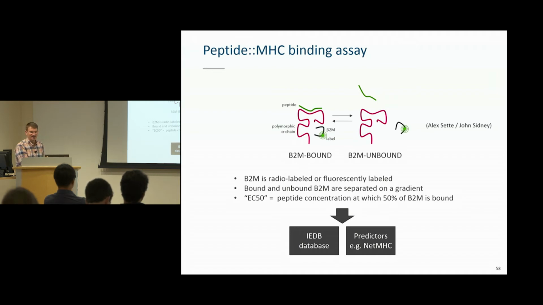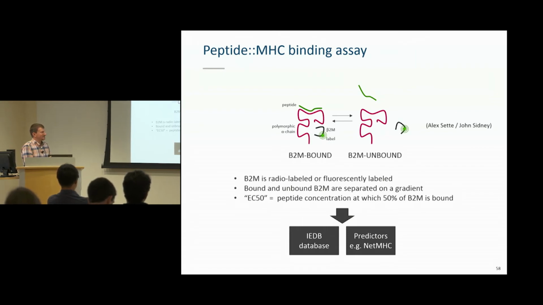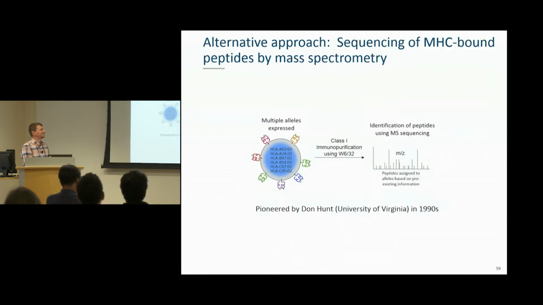It was developed by Morten Nielsen, who is in Copenhagen, and there are many other algorithms also designed to do the same thing. I think his is the standard, NetMHC. But the main point is that these are trained on data from this particular biochemical assay.